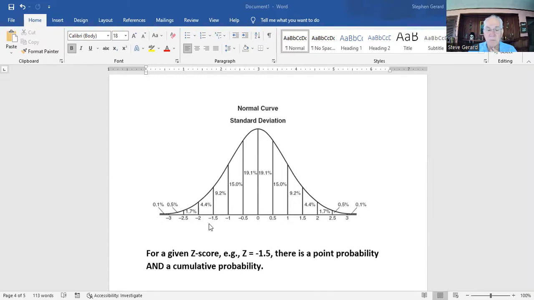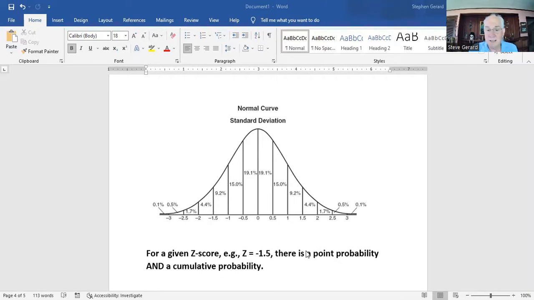Now, for negative 1.5, the cumulative probability is going to be 4.4 plus 1.7 plus 0.5 plus 0.1%, or about 6.5% roughly. You add those things up, it's about 6.5, 6.6, somewhere in that range, is the cumulative probability of getting this score or something less than it.